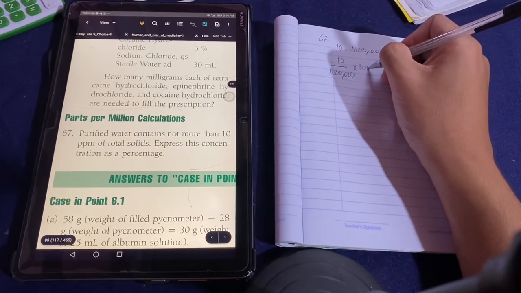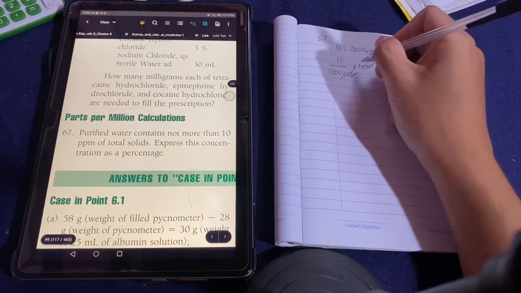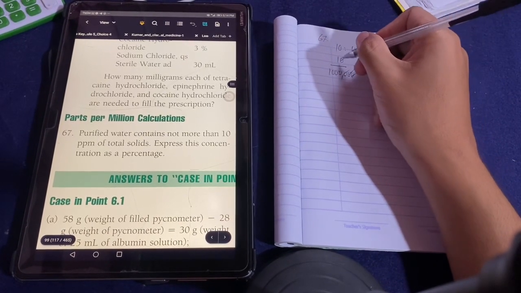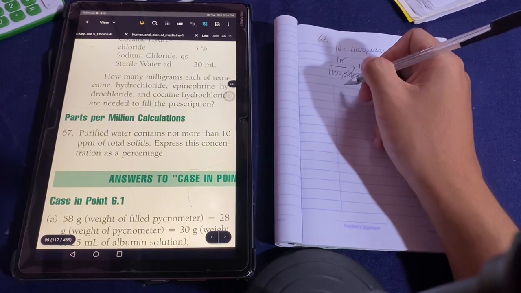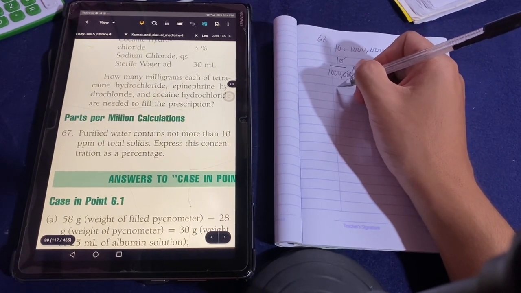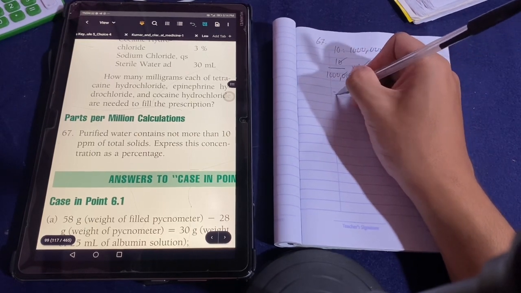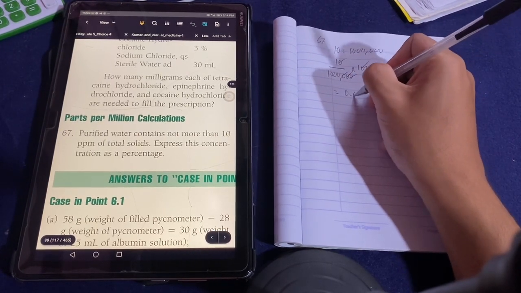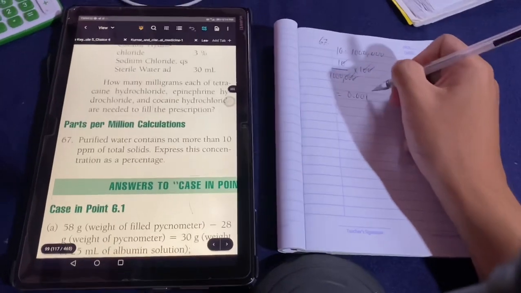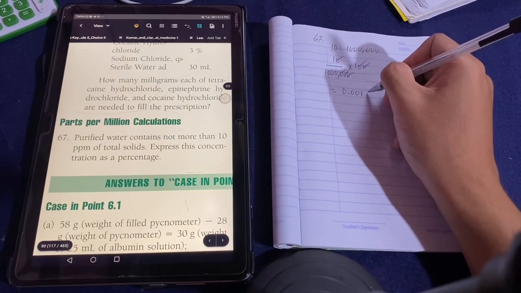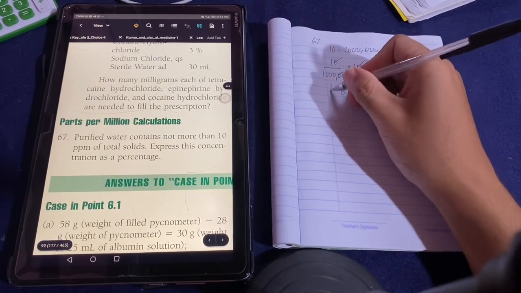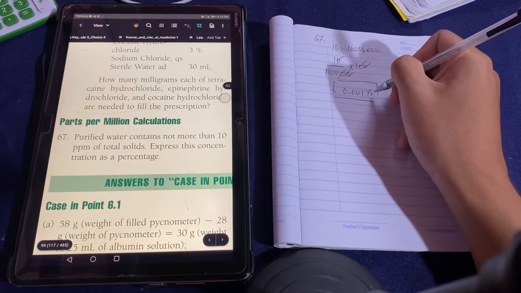Then the zeros cancel out, zero with zero, zero with zero. So what's left is 100 over 1,000, or 1 over 1,000. So 1 over 1,000 is equal to 0.001. So this is the answer. Then we give the unit, which is the percentage. So that concludes number 76.